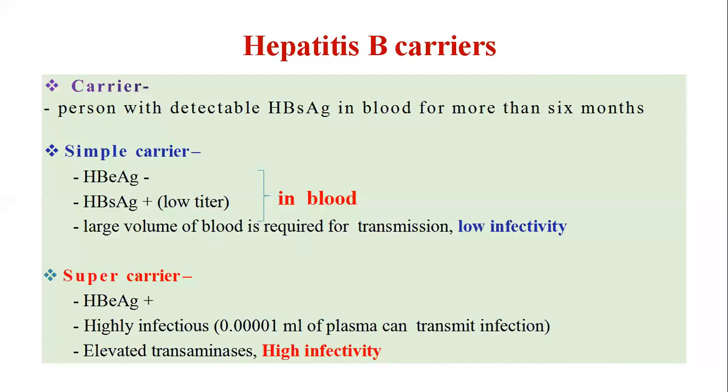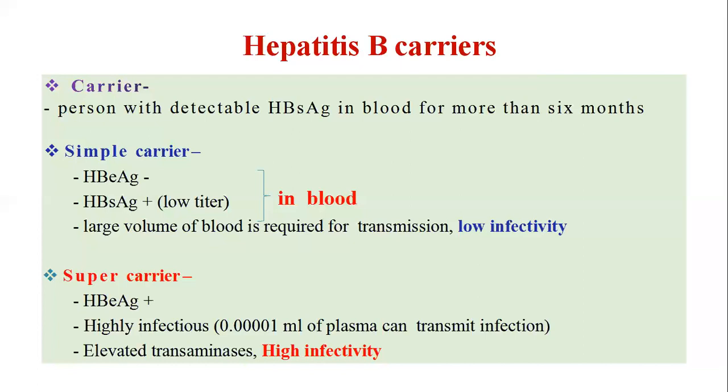So who are the super carriers? HBeAg, the pre-core antigen, is positive, and it is highly infectious, means 0.00001 ml of plasma can transmit infection. In case of a simple carrier, a large volume of blood is needed for transmission, but here a very negligible amount of plasma can transmit infection.